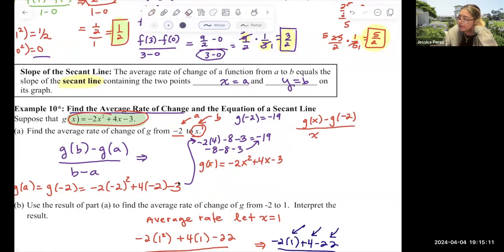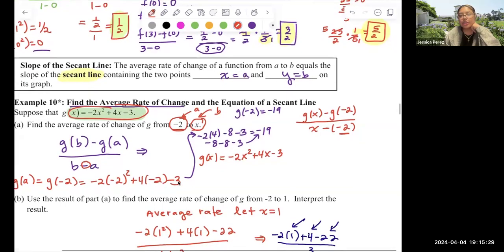We have to be careful here, because one negative comes from your a, and the other negative comes from the formula. So be careful there.